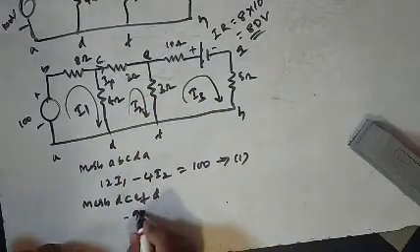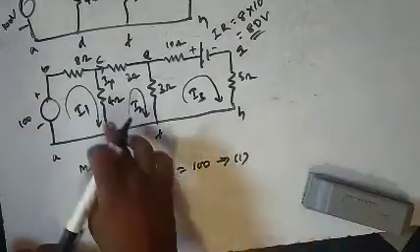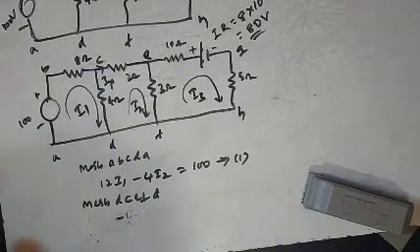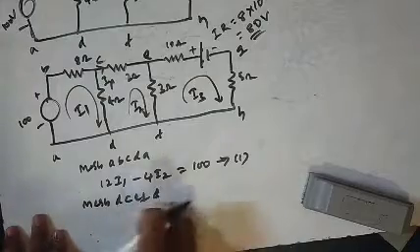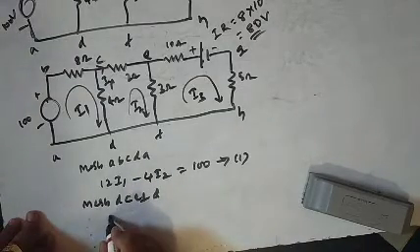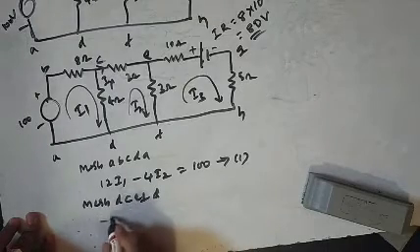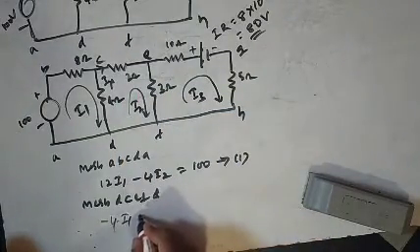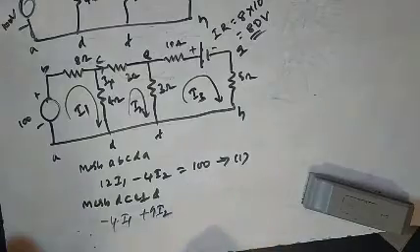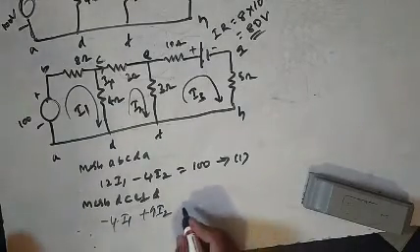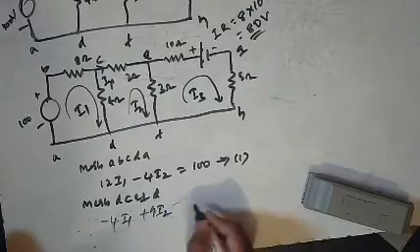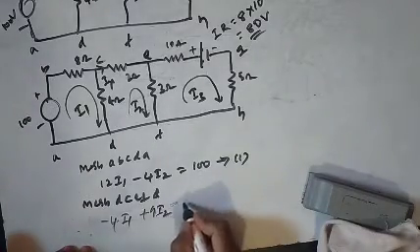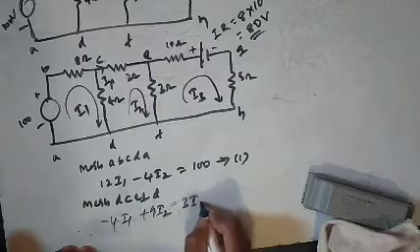So minus 4 I1 plus 9 I2, because I am dealing with mesh 2, and minus 3 I3.